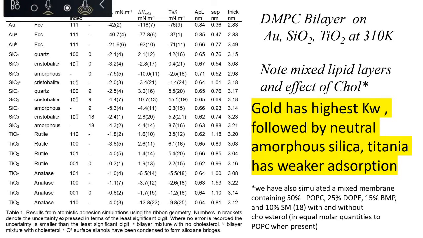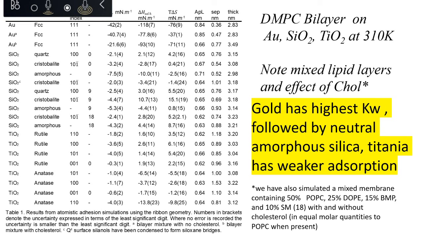If we now go to silica, we find that it's an order of magnitude less, and it varies depending upon the form of the silica. It also varies depending upon the percentage ionization of the silica, so acid to base. The strongest adsorption is for amorphous silica at minus 7.5, obviously much weaker than gold, but still significant compared to the other forms. So that one sticks out, the neutral amorphous silica.